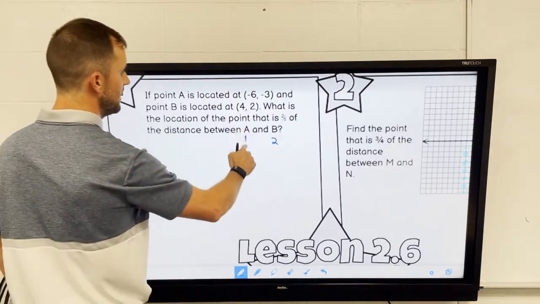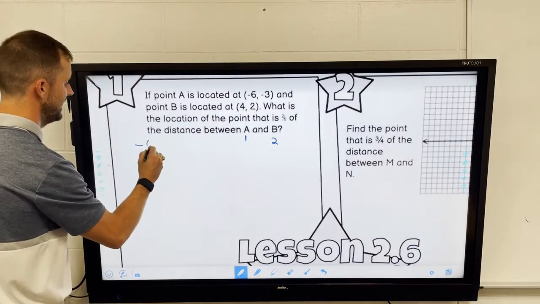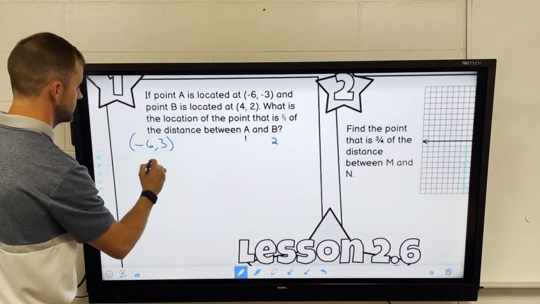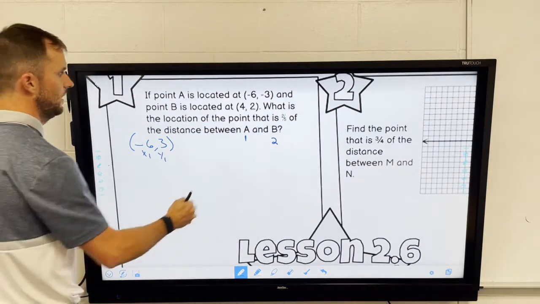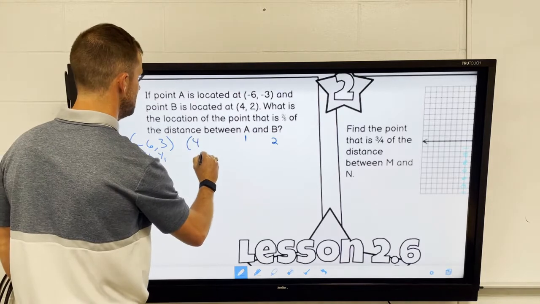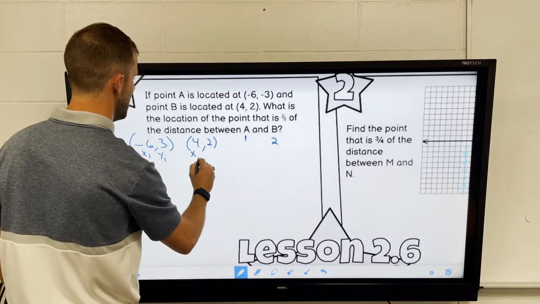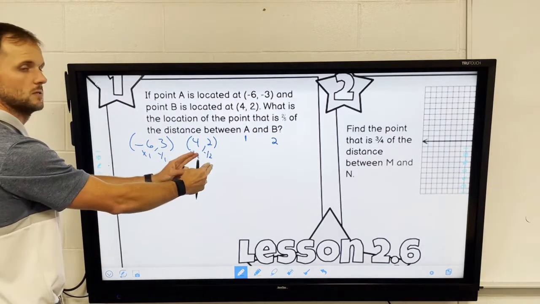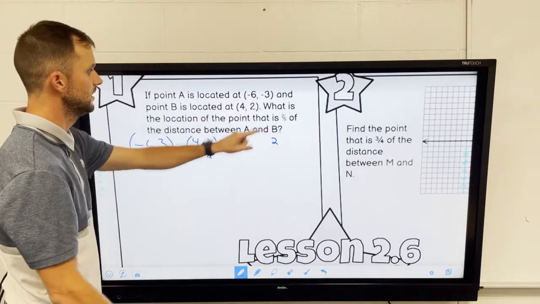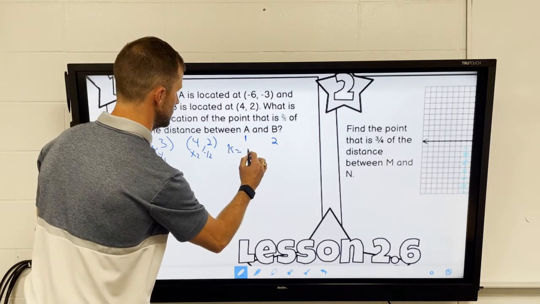Point A is my beginning point, so I have -6, 3. That's my x1 and my y1. That's my starting point, okay? Point B is my end point, 4, 2, so that's my x2 and my y2. Beginning, end. And then my fraction here is gonna be my k value, so it's 2/5.